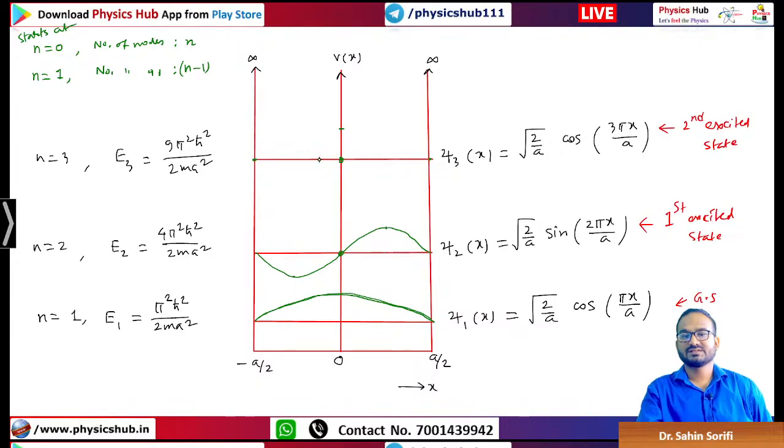So at a by 6, 1/6 of this a, it will vanish on the positive side, on the negative side as well. And on another side, maybe here it will show a maxima. So it will go like this. A simple trigonometric thing. So you can see it has 2 nodes now.